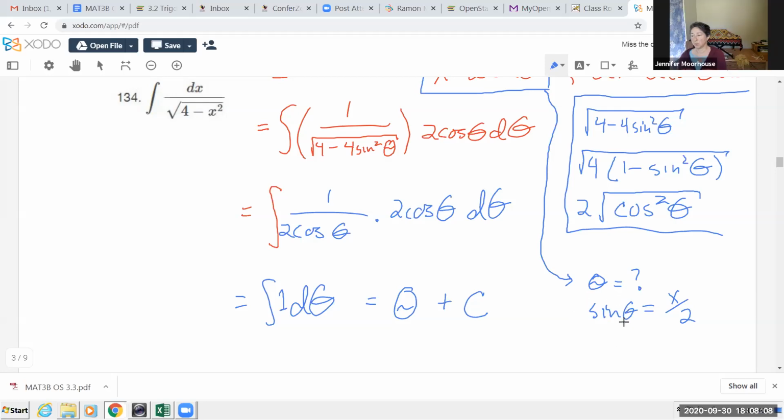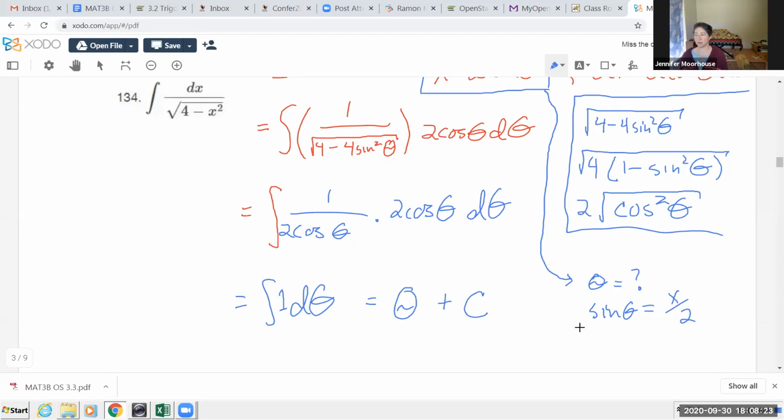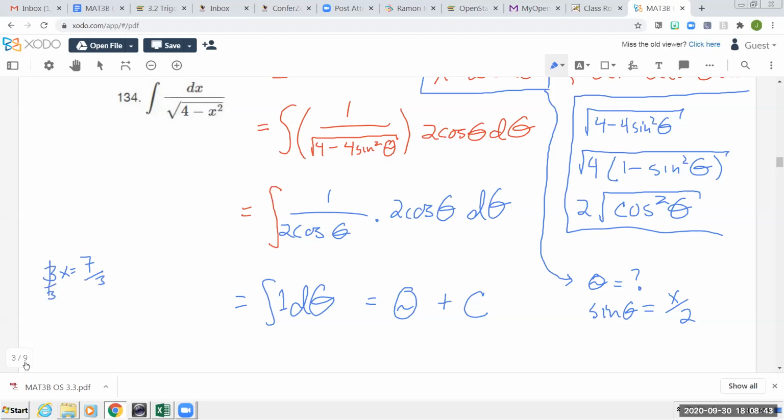So we basically just want to get rid of that sine, right? So how do you get rid of the sine function? Well, you need its inverse. Just like if you have 3x equals 7, and you're trying to solve for x, you do the inverse of multiplication by 3, which is division by 3. We don't think about it that way, but that's really what you're doing.